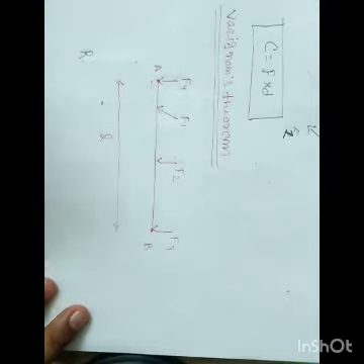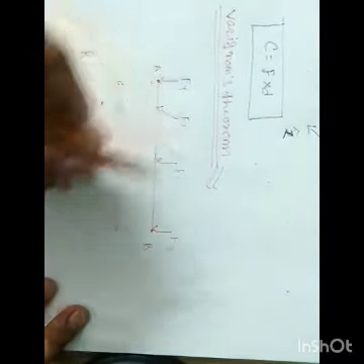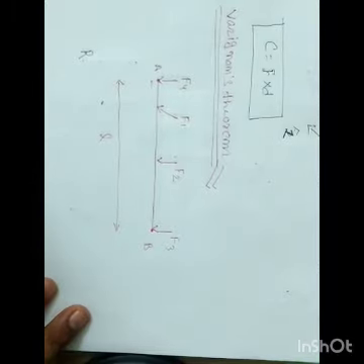The resultant value we already calculated by using the empirical relation. Now we want to know where this resultant is lying, that is, the position of the resultant. To get the position of the resultant we apply Varignon's theorem. How can we apply that?